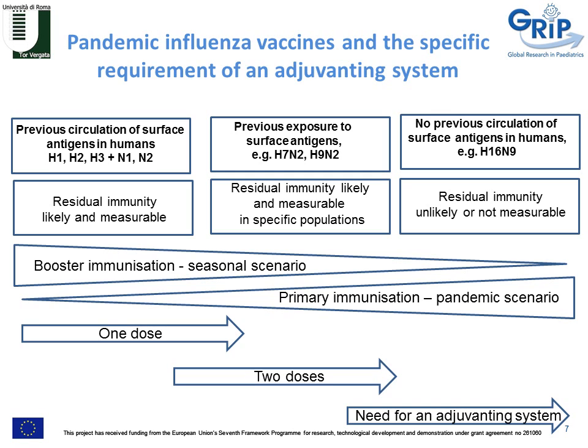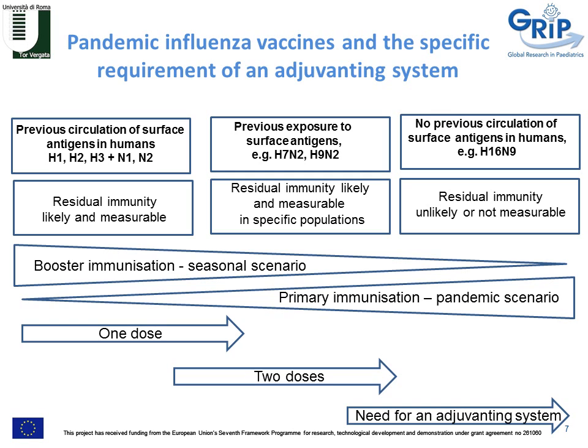And that means that in principle an adjuvanting system would not have been needed because most of the individuals globally were already primed through natural contact with these pandemic-like or seasonal H1N1 containing influenza viruses.